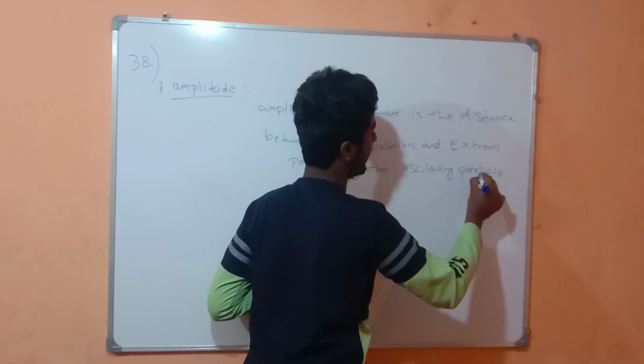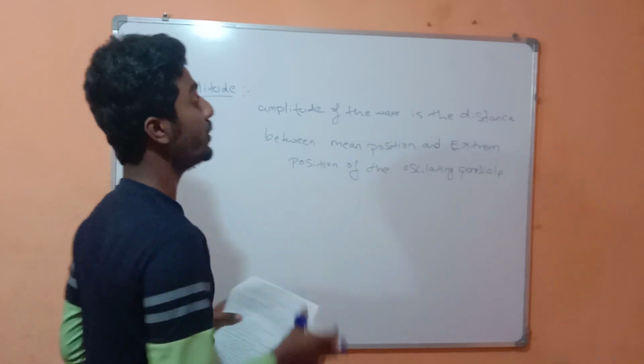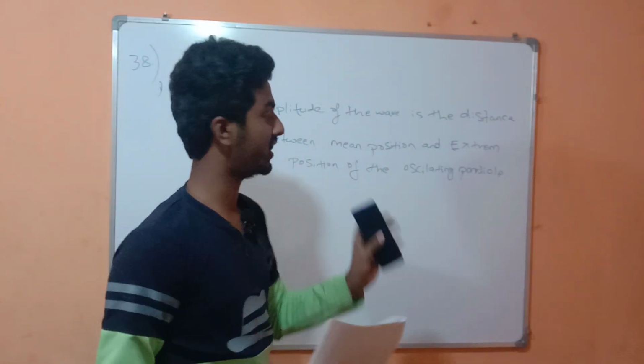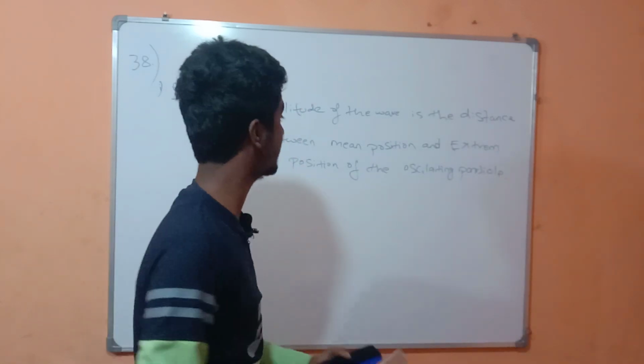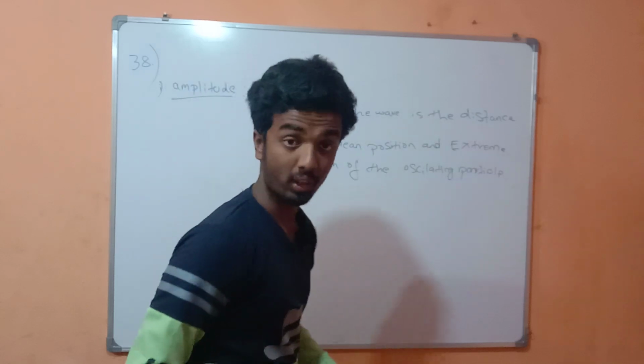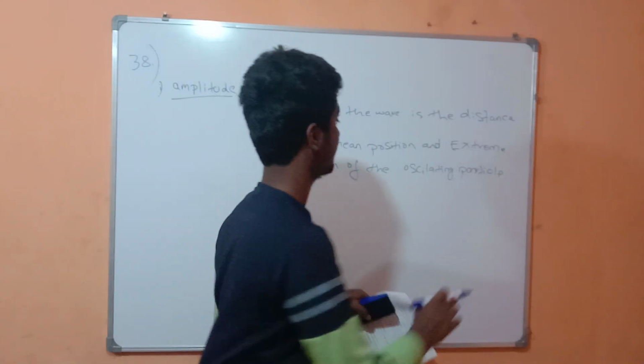What do you mean by amplitude? Amplitude of the wave is the distance between the mean position and the extreme position of the oscillating particle.